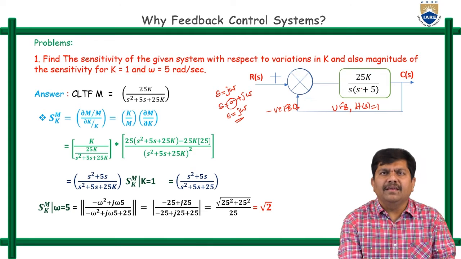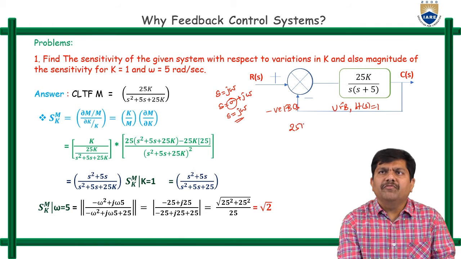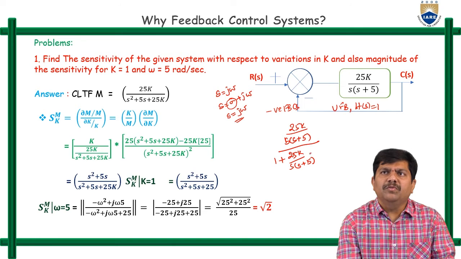So first let us calculate the closed loop transfer function, because they have given the forward path transfer function as 25k divided by S into S plus 5, but it is having unity feedback. So with these two values, let us calculate the closed loop transfer function, that is 25k divided by S into S plus 5, divided by 1 plus 25k divided by S into S plus 5 into 1.